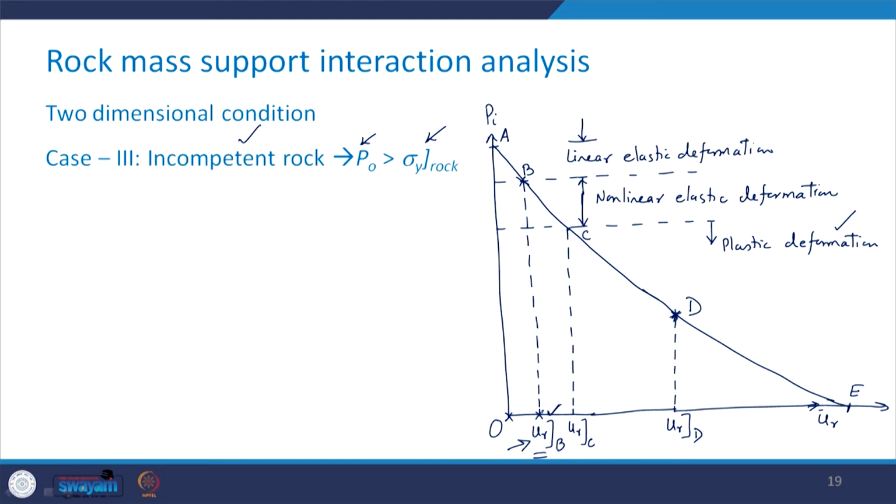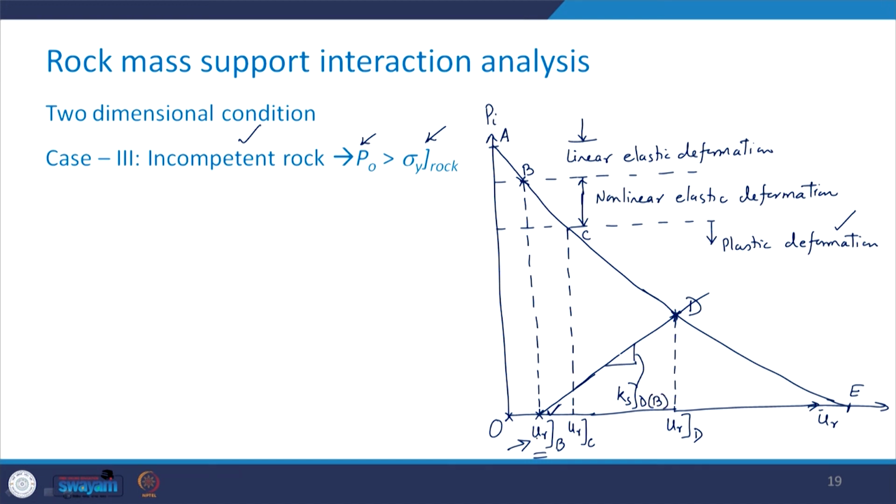So, you just join these 2 points, and the stiffness of this line I am denoting as Ks at D when B was allowed.